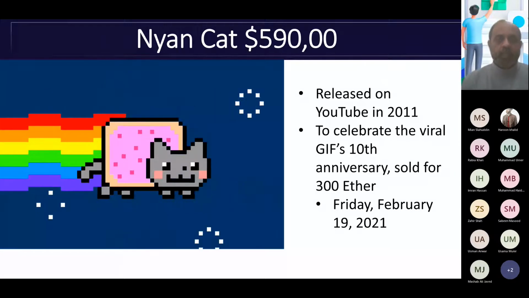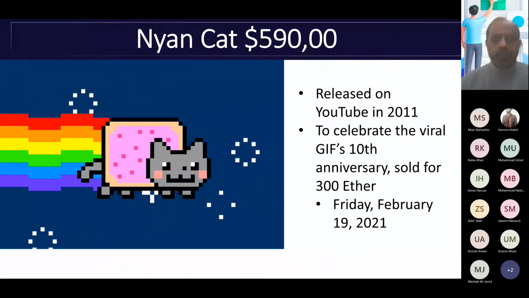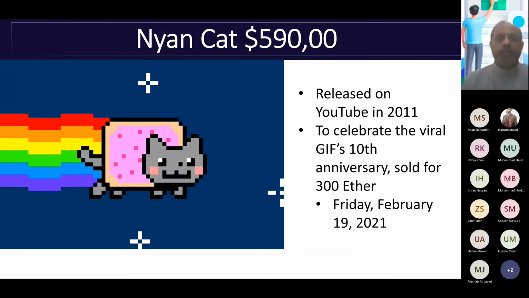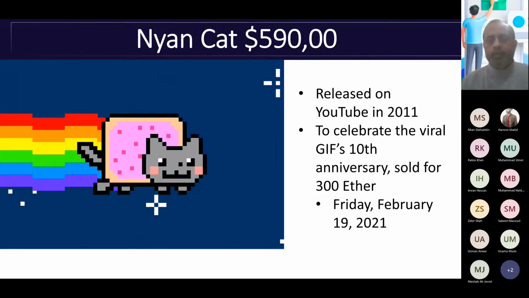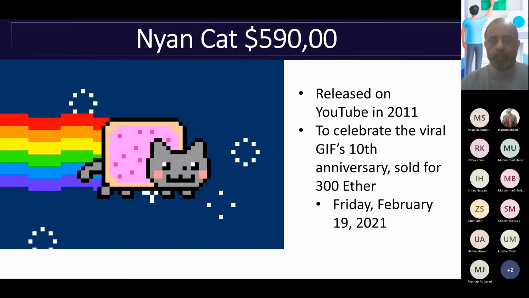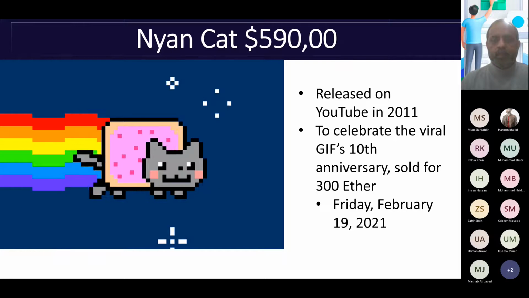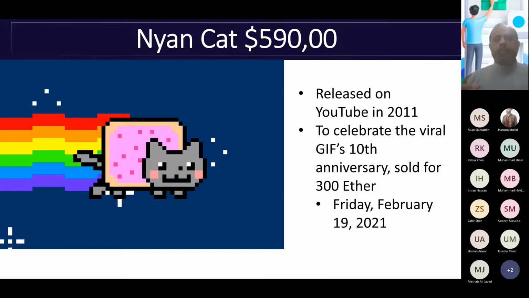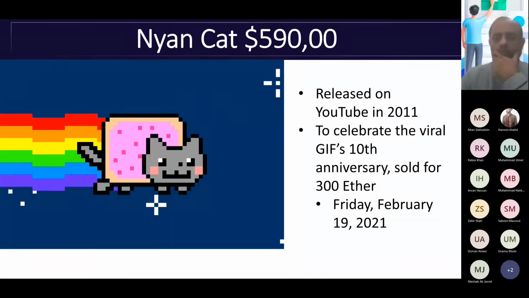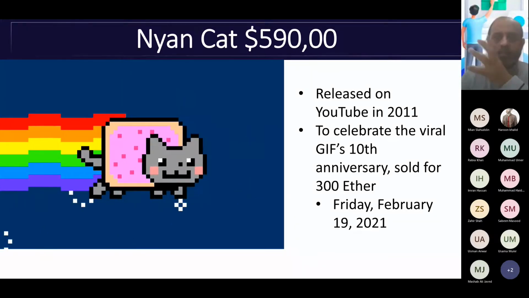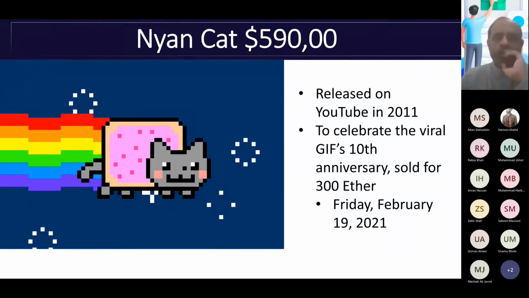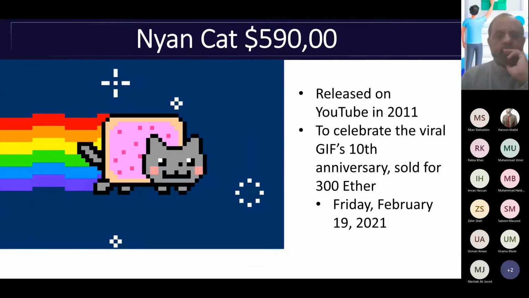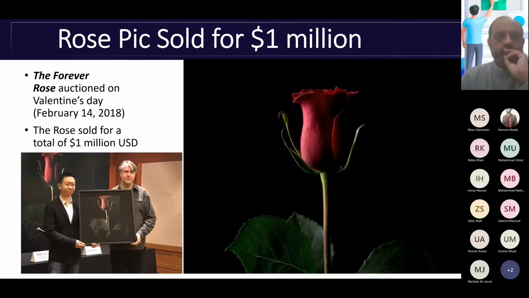This was the Neon Cat, which was sold for $590, and the guy was just celebrating 10 years of this viral GIF, and so sold it for 300 ether, which at that time of sale was equal to this much money. It was February 19, 2020.